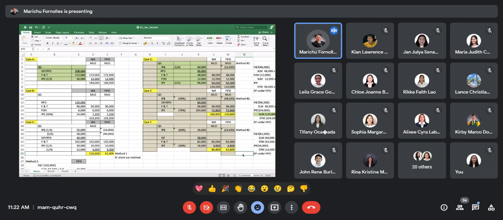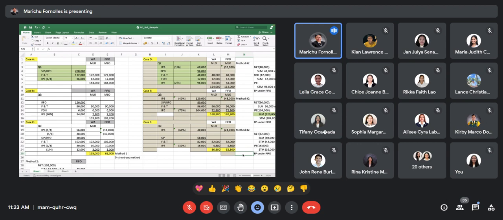So what I have introduced to you is method 1 of computing EP for both weighted average and first in, first out. In weighted average class, there is no other way of computing EP. Just follow the rule.